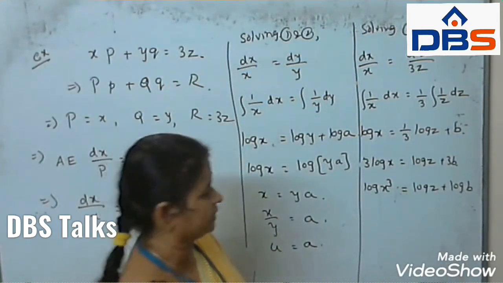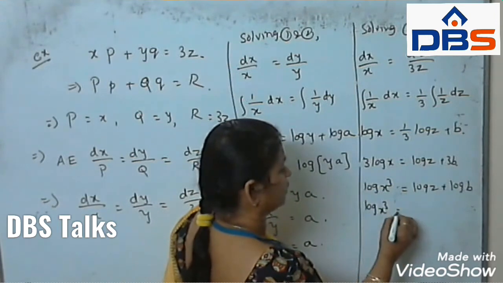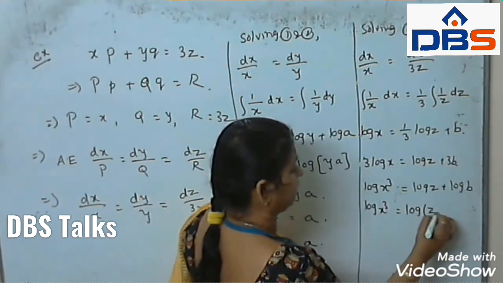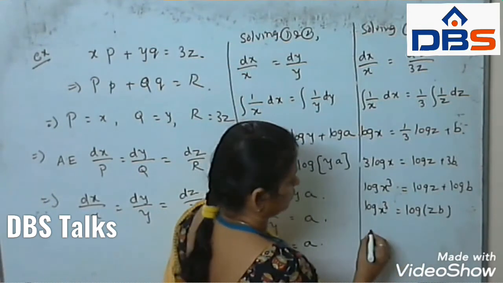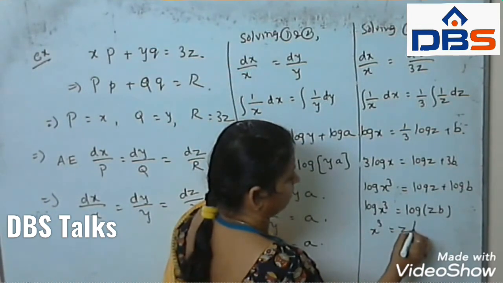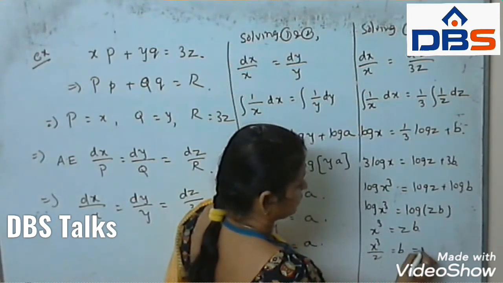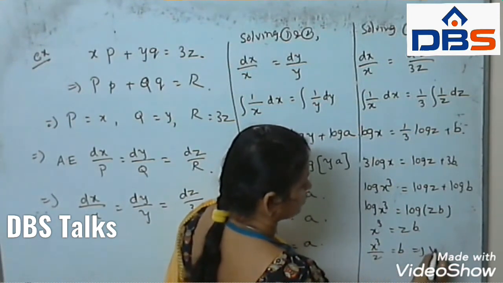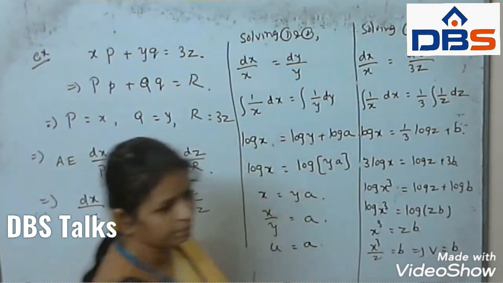Anyhow, this is a constant. So log x cube equal to log of zb. So x cube equal to zb. x cube by z equal to b. So this is a function of x, z. So it can be named as v. v equal to b.